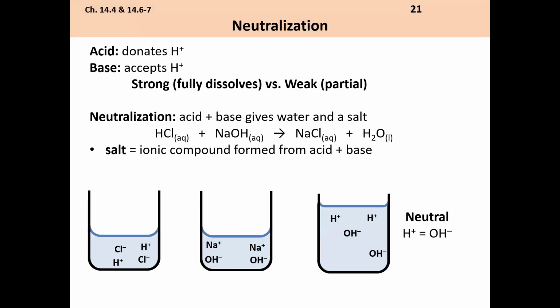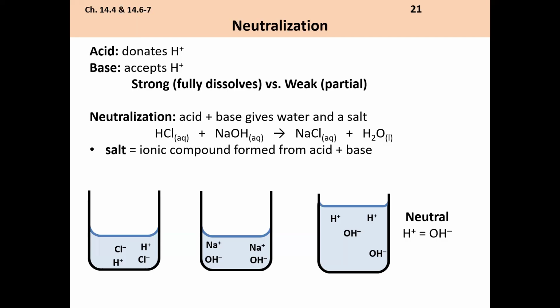Now, we're going to talk about neutralization today, and then we'll continue next time. It's chapter 14.6 and 14.7. We've talked about acids, we've talked about bases. What happens when I take an acid and a base and put them together?